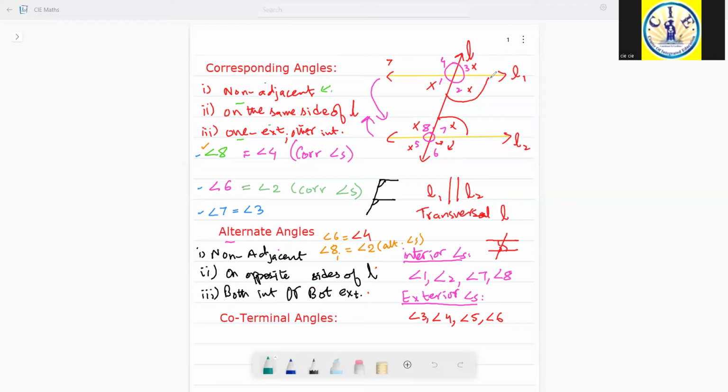They share the common side of this transversal. So these are the coterminal angles. Similarly, angle 8 and angle 1 are coterminal angles. These are also known as co-interior angles.